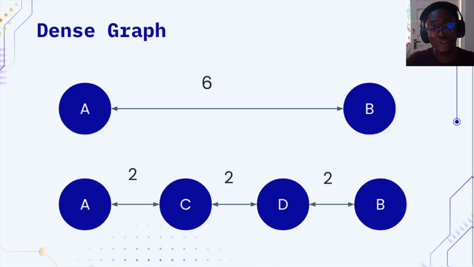So originally we had the cost of 6 moving from A to B, and now it has been broken down into 2, 2, 2. So A to C, you have a cost of 2, C to D, a cost of 2, D to B, a cost of 2. And when you look at the original one, we haven't deviated. We've maintained the integrity of the original edge. So that's what segmentizing is all about.